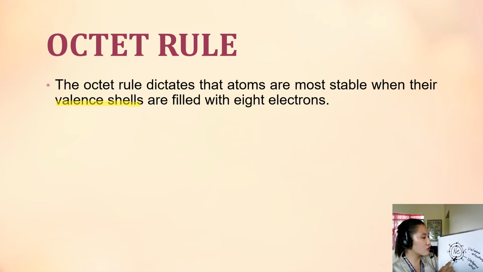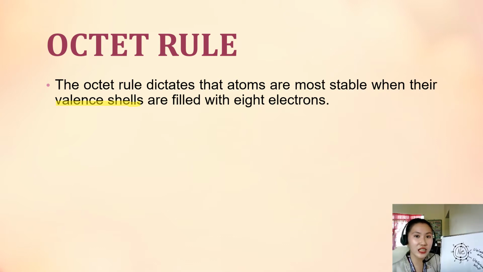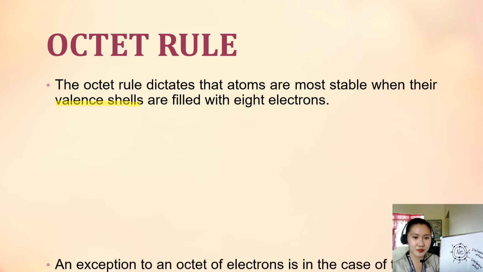So 1, 2, 3, 4, 5, 6, 7, 8, 9, 10. Okay, so that is how elements fulfill the octet rule. So this means that neon is a stable element.